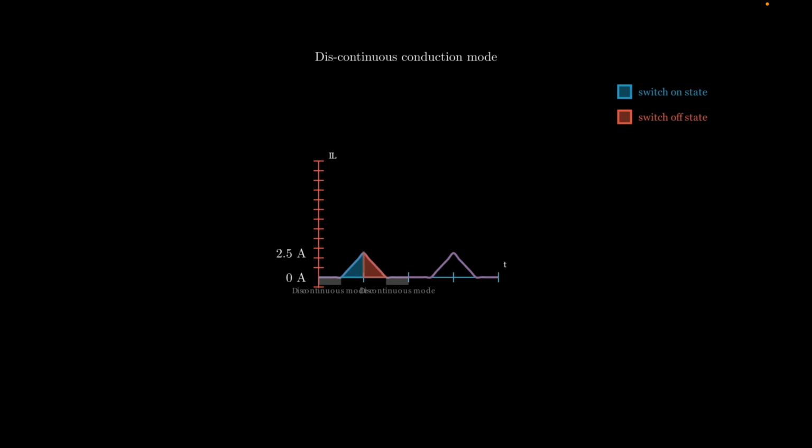Coming to the discontinuous conduction mode, in this case, the current tries to get negative at the beginning, but whenever it tries to get negative, the diode blocks the current, and at that moment you can see the discontinuity of the buck converter current, and that is why you get this discontinuous conduction mode.